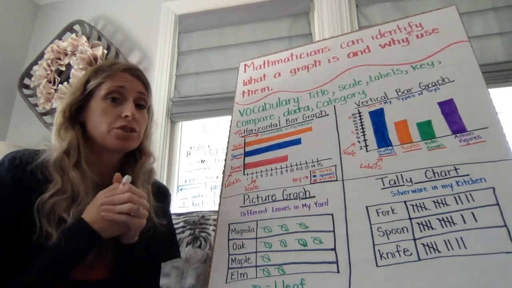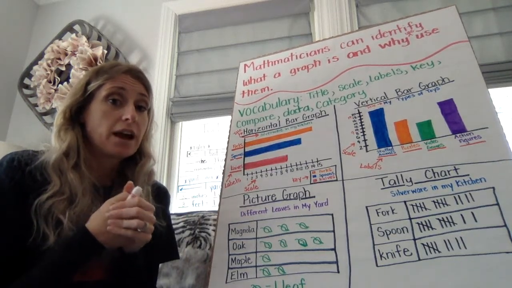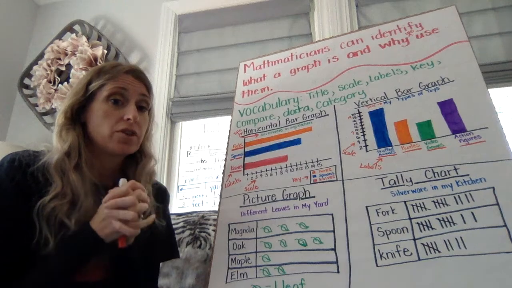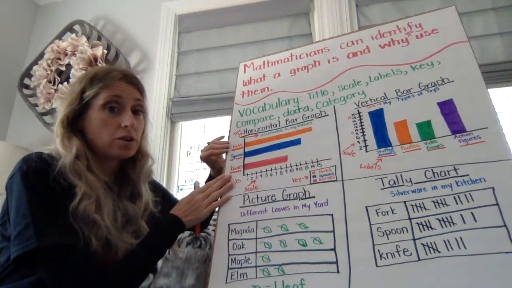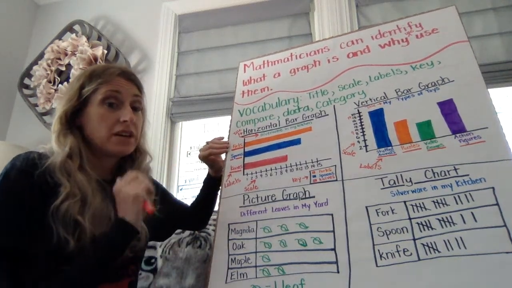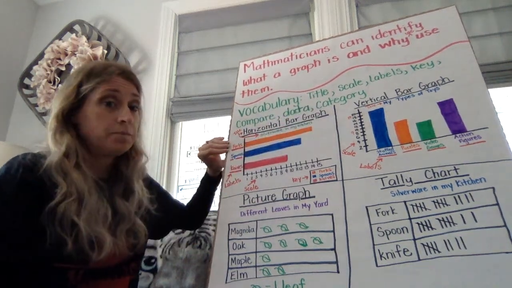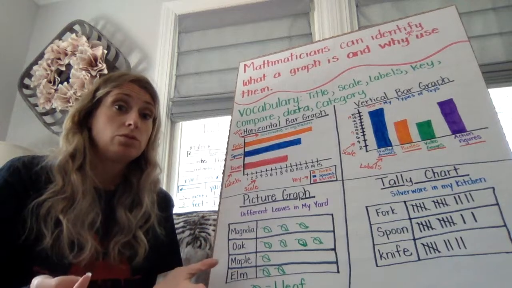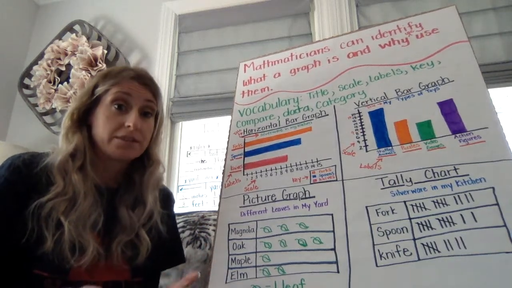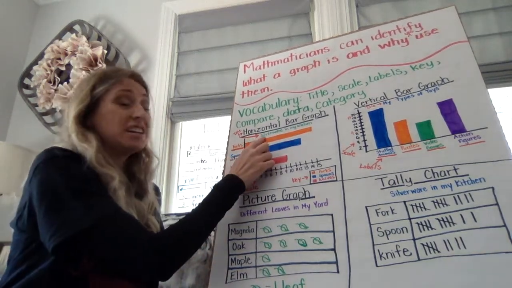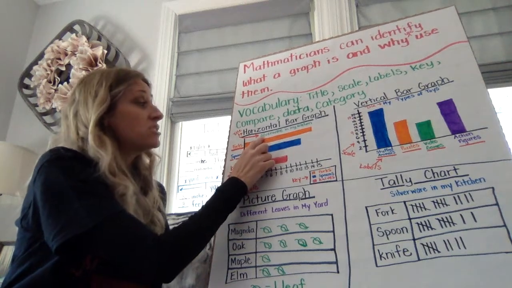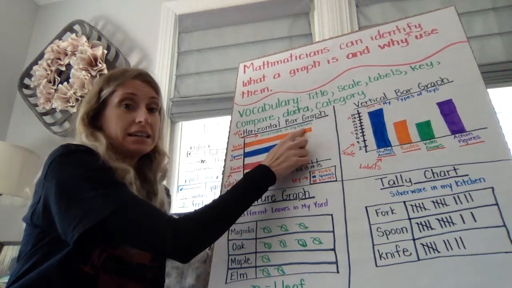Now, I want to make sure that everybody understands the vocabulary words. So let's take a look at those in the horizontal bar graph and see where we can find each of these vocabulary words. So the first one is the title. The title is just telling you what the graph represents. So the title here, and it's usually always at the top, is silverware in my kitchen.